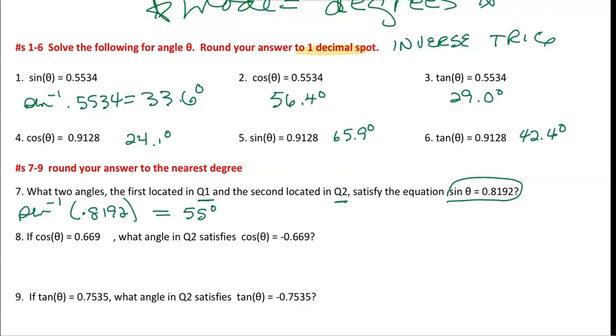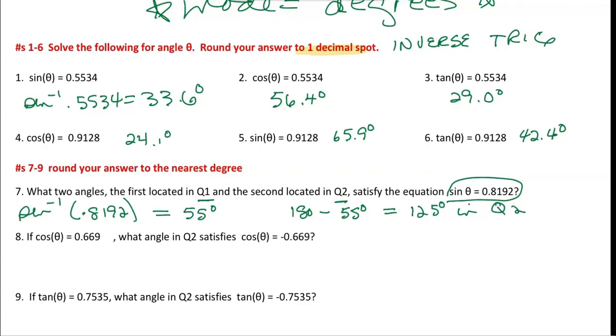In quadrant 2, sine is also positive. Therefore, the angle in quadrant 2 that has the exact same sine value is going to be the complement to 55 degrees. And you get that by saying 180 minus 55, and that should get you 125 degrees, and that's a quadrant 2 angle.